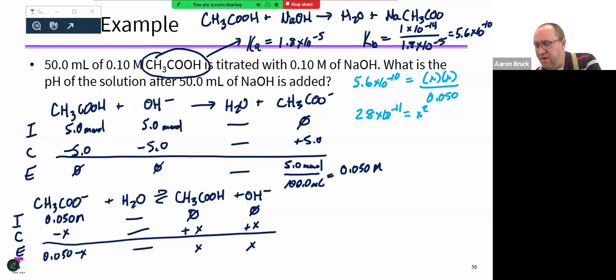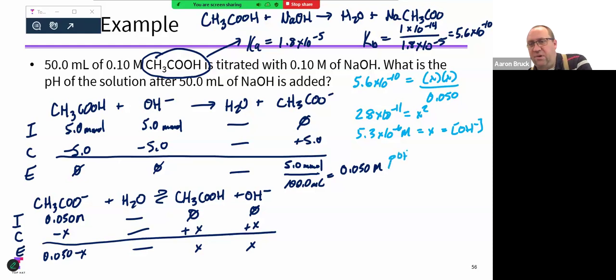Square root of that, 5.3 times 10 to the negative 6th. And since X is our hydroxide concentration, we can immediately figure out pOH.